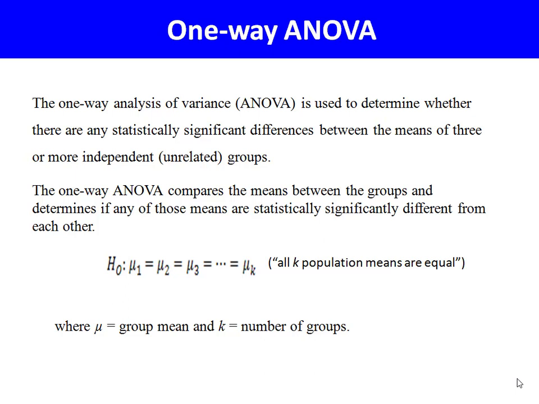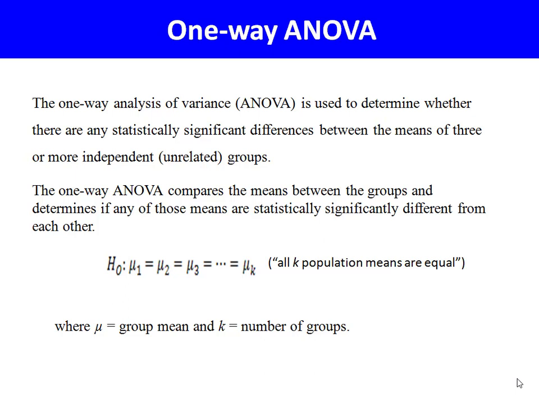One-way ANOVA is a statistical method for testing differences among the group means. It is typically used when you have a single independent variable or factor, and you want to investigate whether different levels of the factor have a measurable effect on a dependent variable.